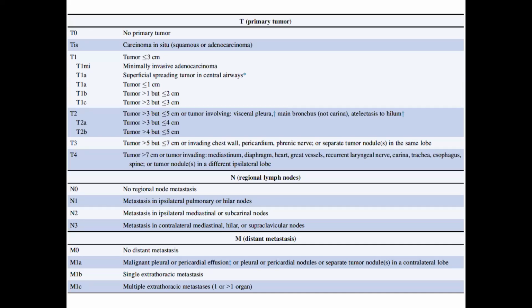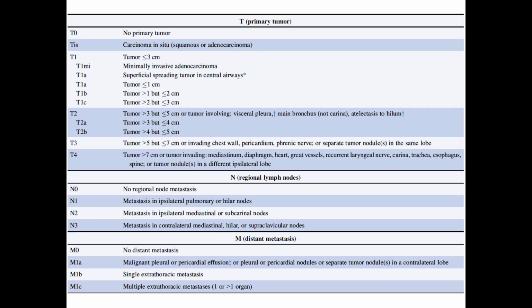Also needs to be borne in mind. The carina, trachea, esophagus, spine, or we mentioned tumor nodules. Now we're thinking about tumor nodules in a different ipsilateral lobe. So T4, tumor in a different lobe on the same side, T3, tumor in the same lobe. So those are the T stages.